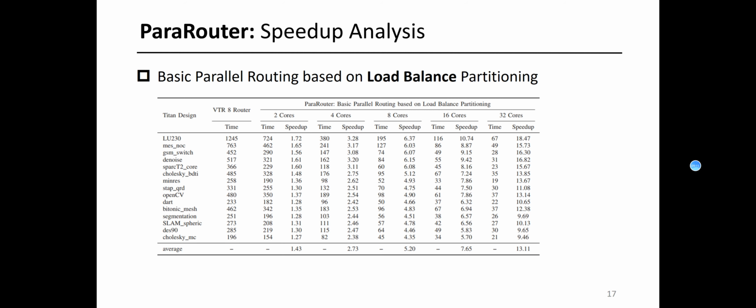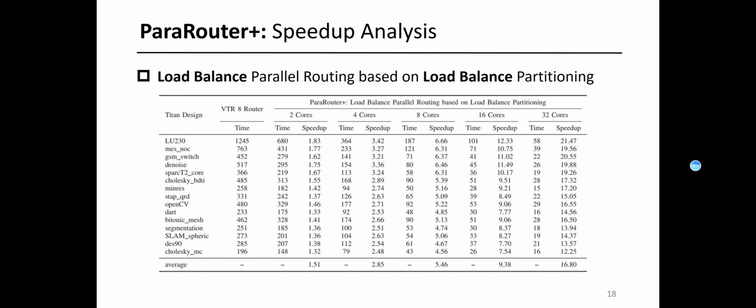On average, our parallel router achieves about 13 times speedup with 32 cores compared with the VTR8 serial router. The parallel router plus is load balance parallel routing based on load balance partitioning. On average, our parallel router plus achieves about 17 times speedup with 32 cores compared with the VTR8 serial router.